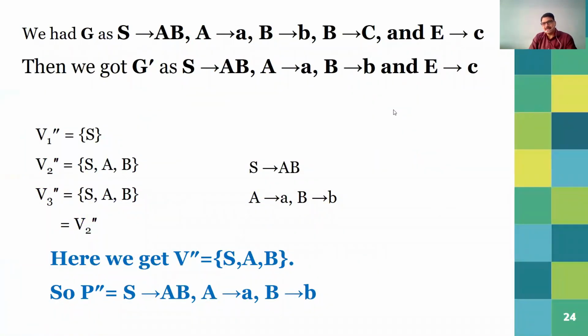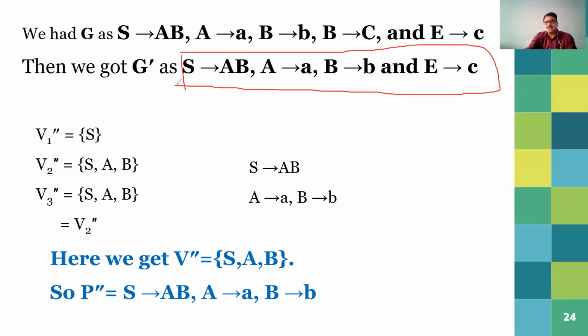This is the same example. S to AB, A to a, this is given to you. And after applying step 1, we can find the reduced grammar, that is G dash, in this way. As you already saw in the same question, the B to C production is eliminated in step 1.